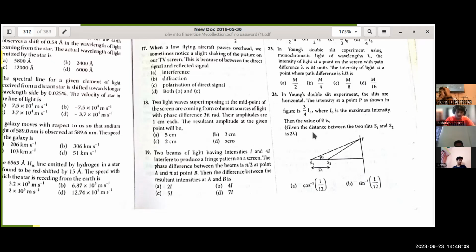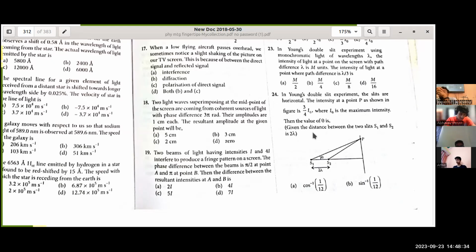The value of theta is theta. So S1P minus S2P is how much? It is कितना होना चाहिए डिस्टेंस में. 3/4 into I naught है ना. At P it is 3/4 I naught.